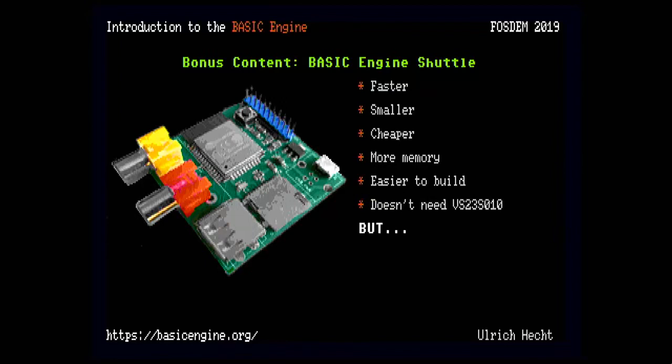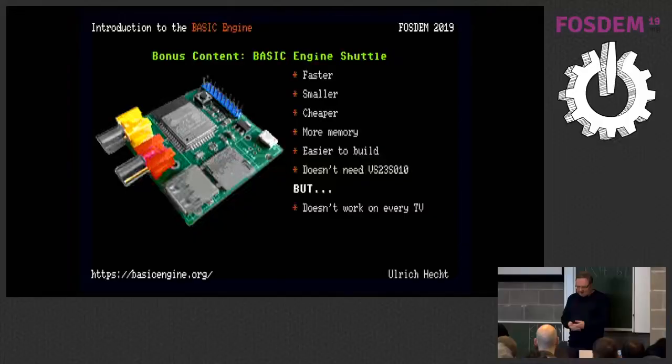There is a catch though, because otherwise that would have been the successor. It doesn't work on every TV. And the reason is that it uses a software method to create the video signal that somebody came up with. Very ingenious, but it relies on the fact that certain frequencies in this ESP32 processor, or in this module as it uses this processor, are almost integral ratios of frequencies in the PAL color carrier, and that's why it works.